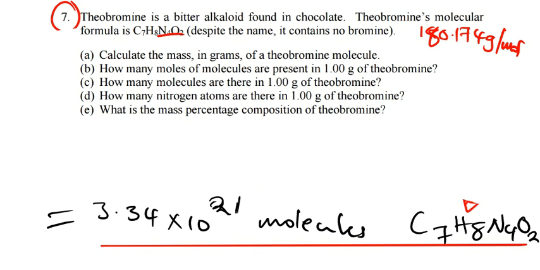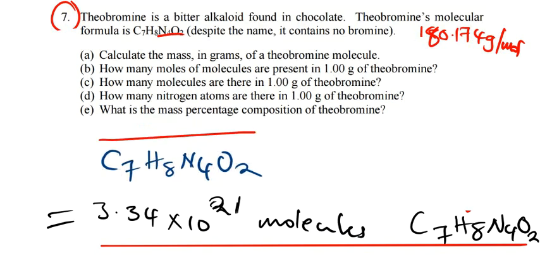If we are saying a molecule of C7H8N4O2 has, in fact it would be better to have it as the numerator, 4 nitrogen atoms per single molecule of that.